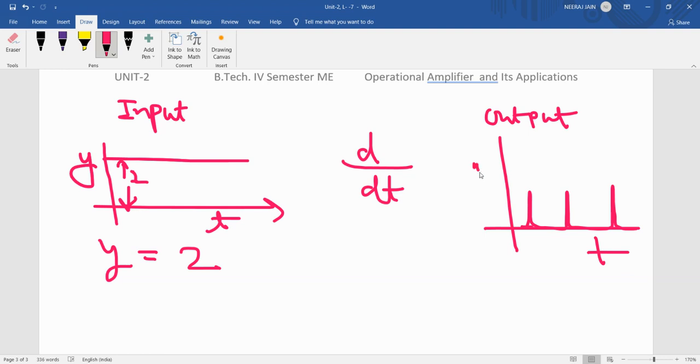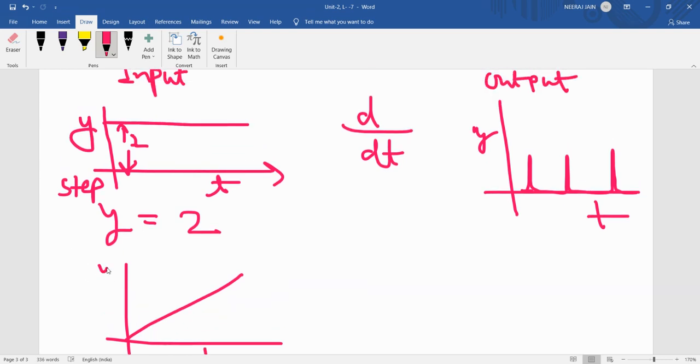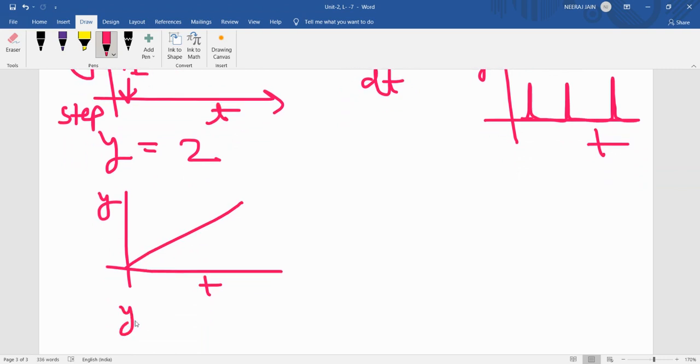Similarly, we also call this a step input, that is the constant input. If we give an input like this, that is t and y, then the equation is y is equal to like 2t or y is equal to t.